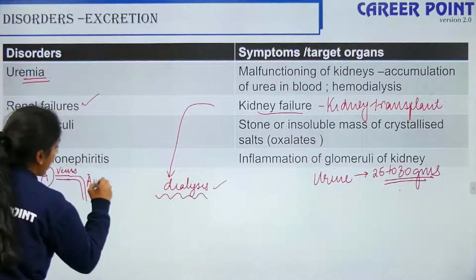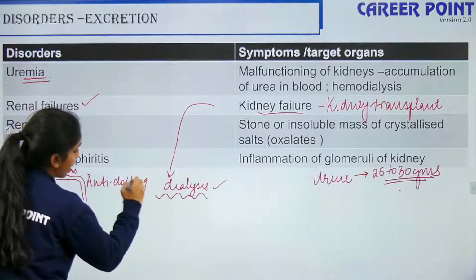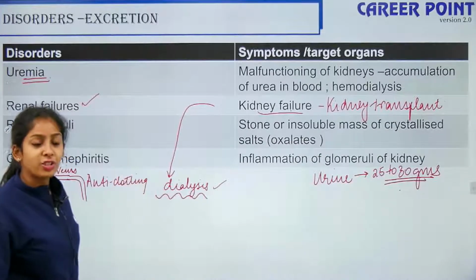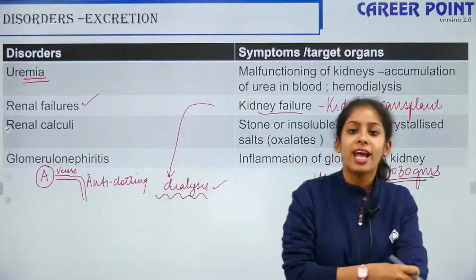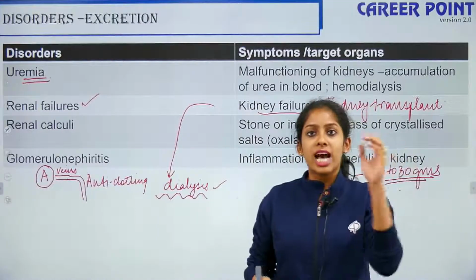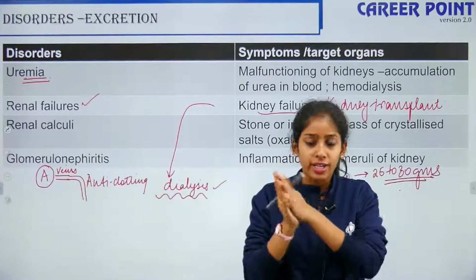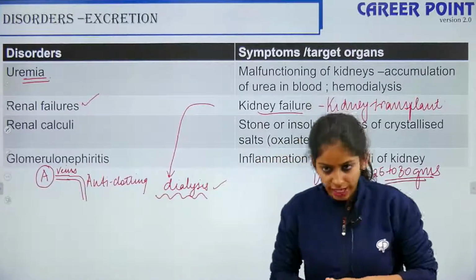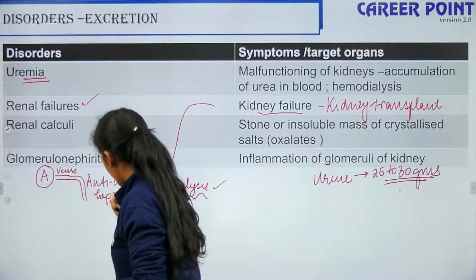So we add anti-clotting factors, anticoagulating factors like your heparin. Even when you donate blood to the blood bank, that blood should not clot, so the pouch which collects blood has anti-clotting factors. So your blood does not coagulate.